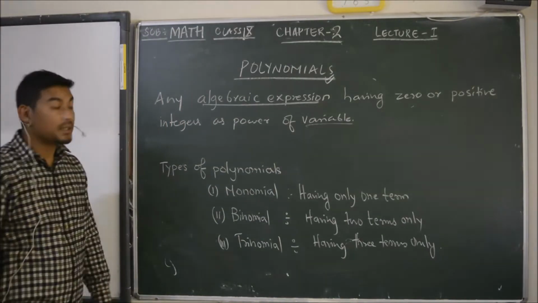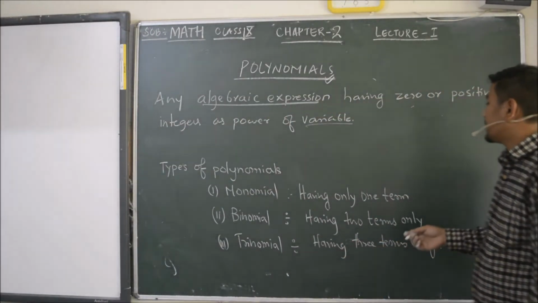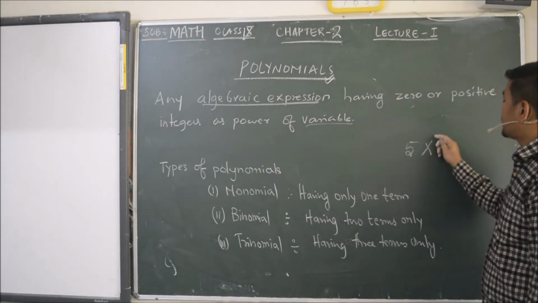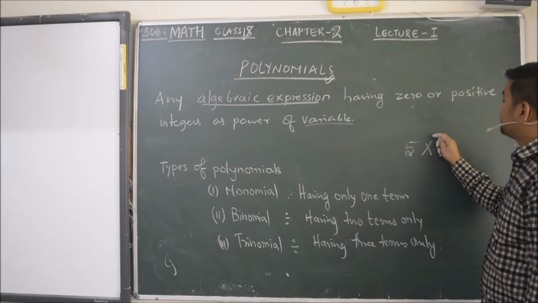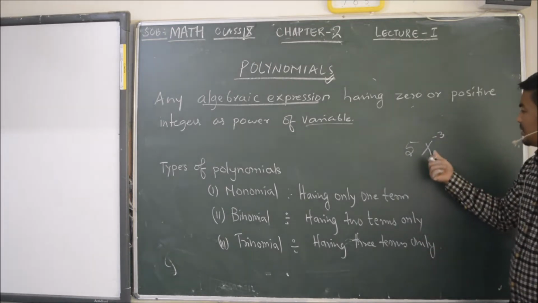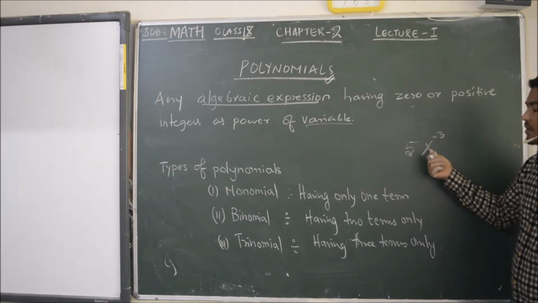But remember one thing, what happens if the power of the variable is negative? Like 5x to the power minus 3. This time we have negative 3 as the power of x.